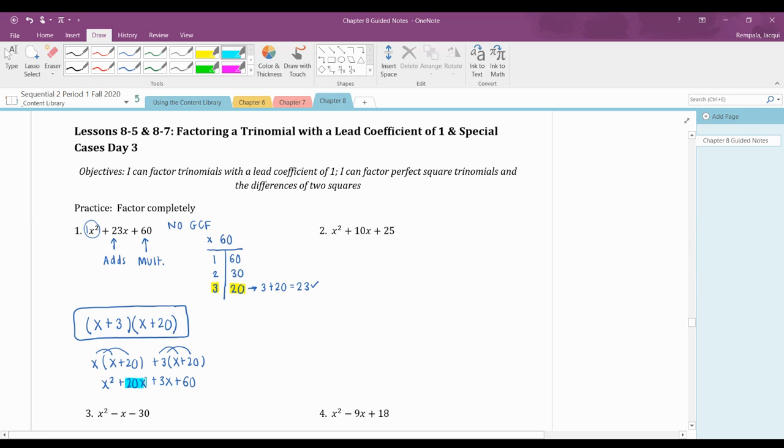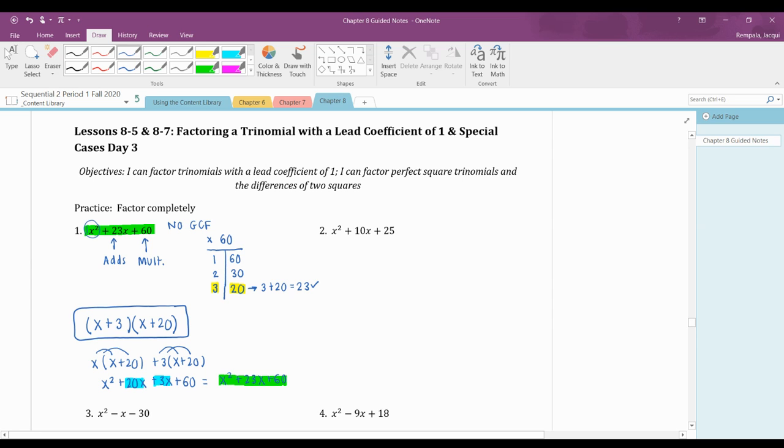We have a couple of like terms in the middle, and that turns into x squared plus 23x plus 60. The answer I got when I multiplied is our original problem. That's how I know I've checked it and it works, and that's why what I have circled is indeed my answer.